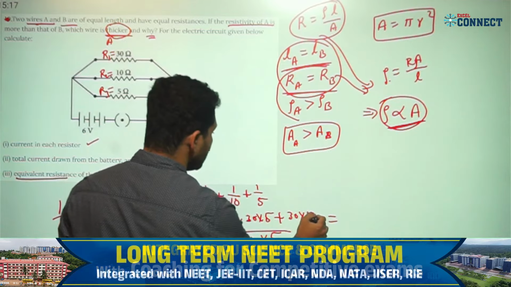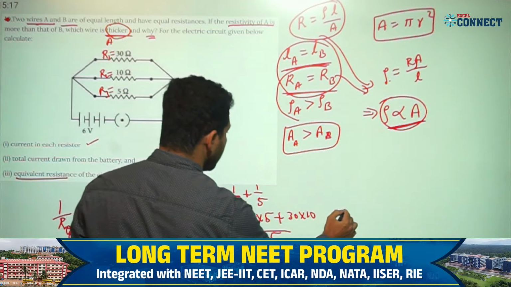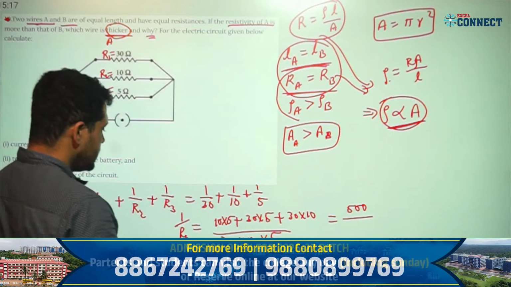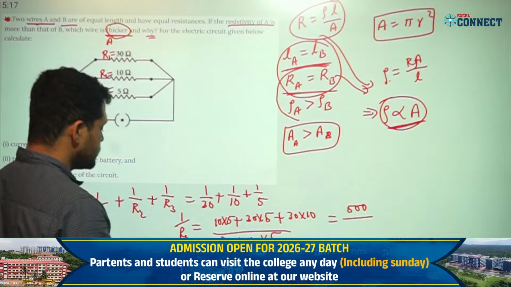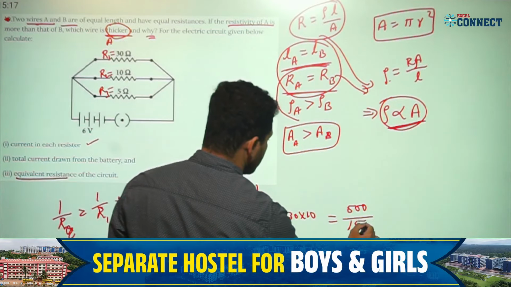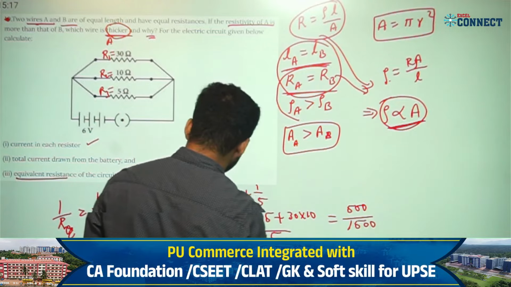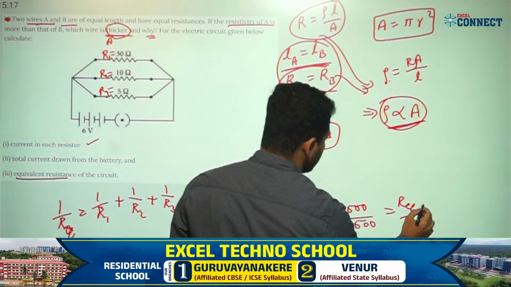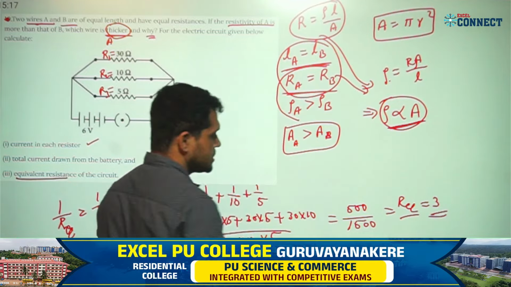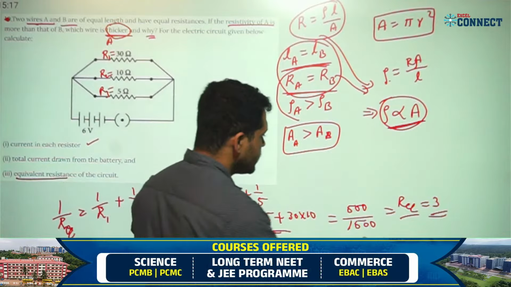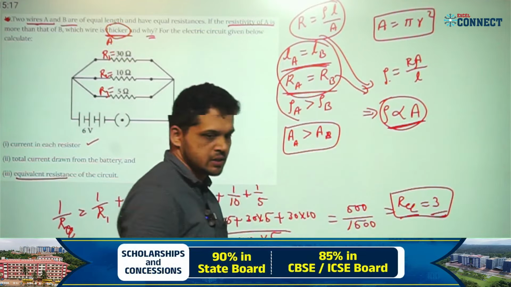Then 30 into 10 is 300, 300 plus 200 is 500. 500 divided by 30 into 10 into 5, that is 1500. That is 1 by 3, right? R equivalent is equal to 3 ohm, correct? Yes, some answered correctly.